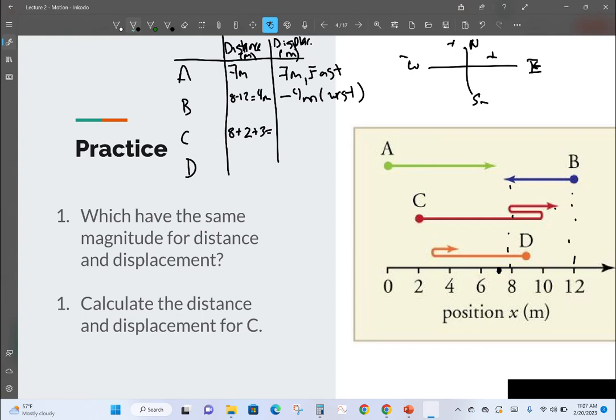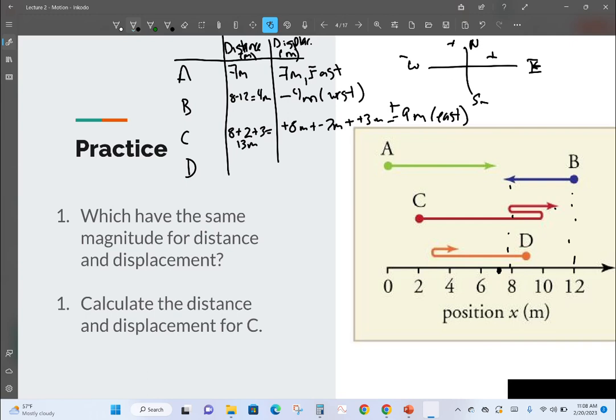So we went a total of 13 meters, but our displacement is positive 8 meters plus negative 2 meters plus positive 3 meters. So that's going to be a total of 9 meters in the positive direction, which means that we traveled east of where we started. So remember, we ended up 9 meters east of where we started.